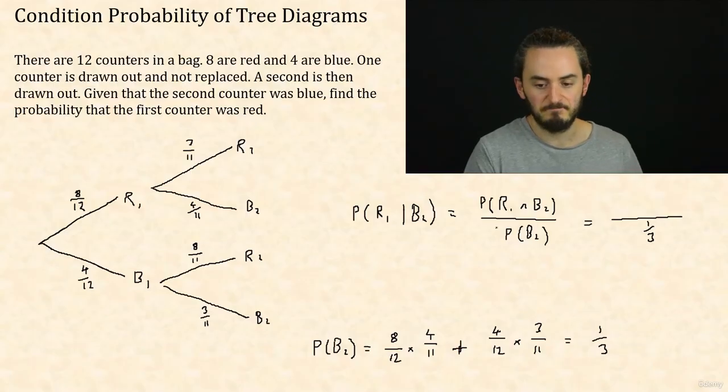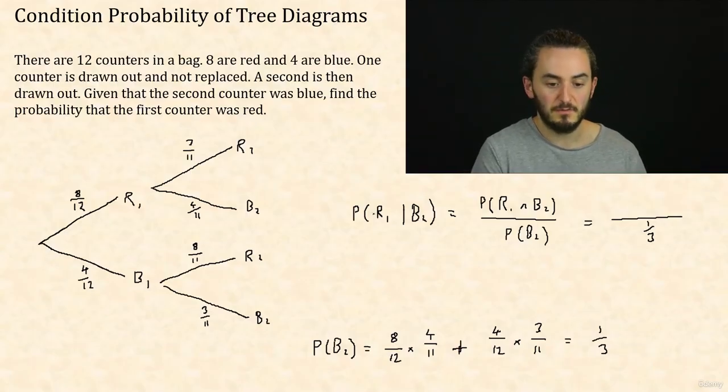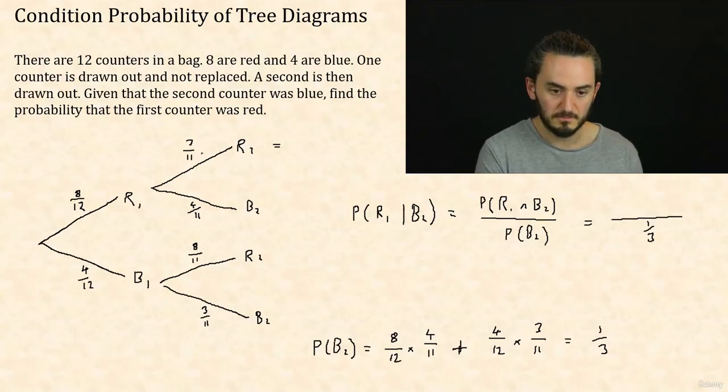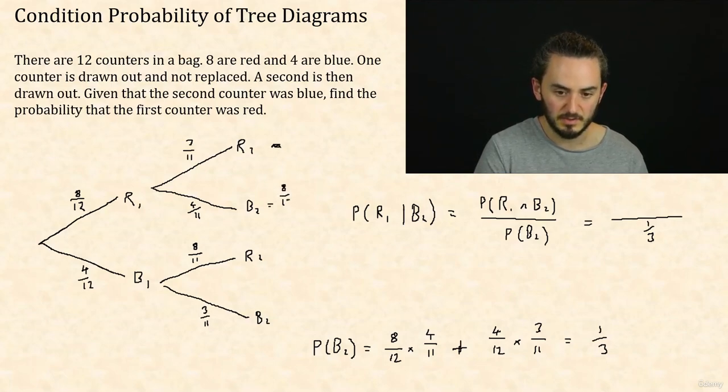The numerator, R1, B2, is that the first one was red and the second one was blue. So if we multiply those together, it's the first one was red and the second one was blue, so it's this one here, that's 8/12ths times 4/11ths.